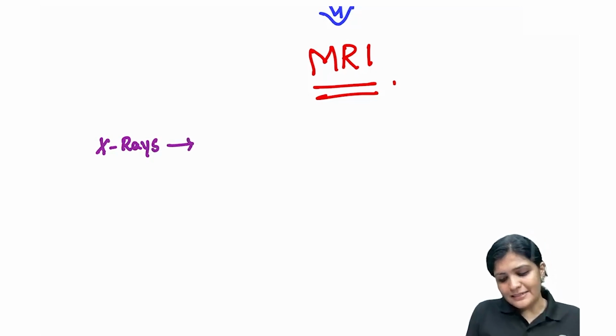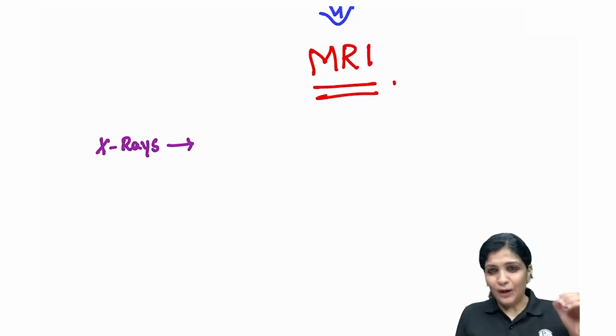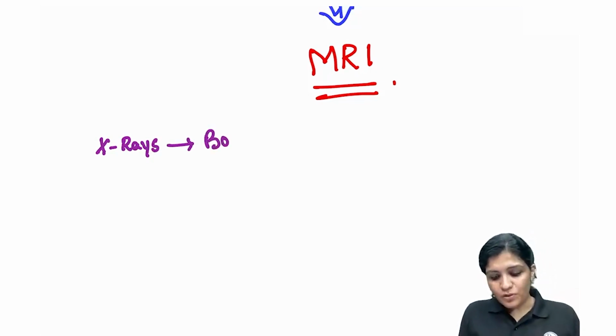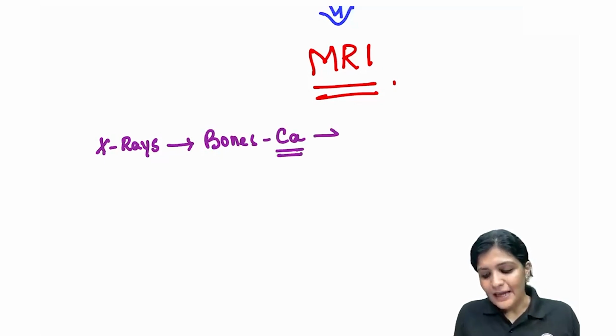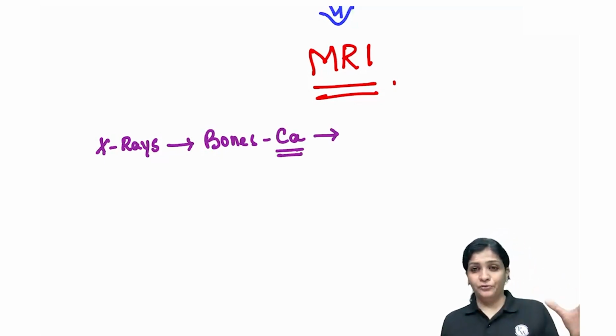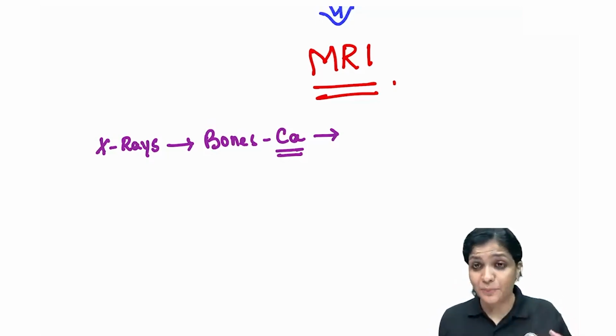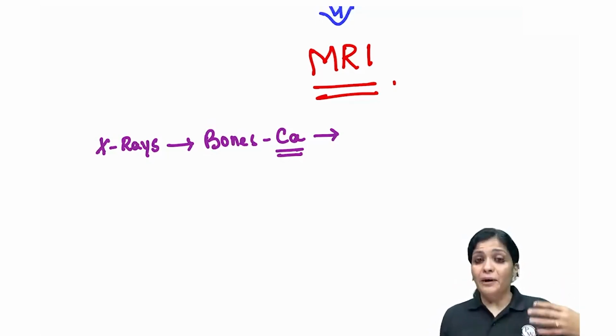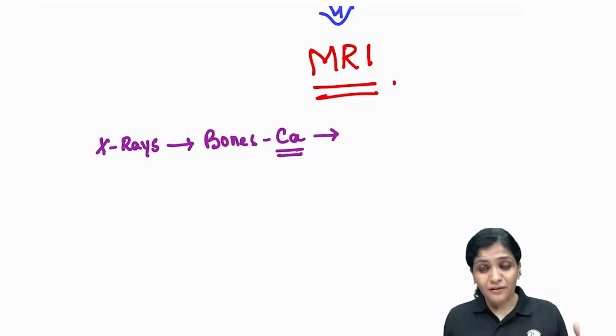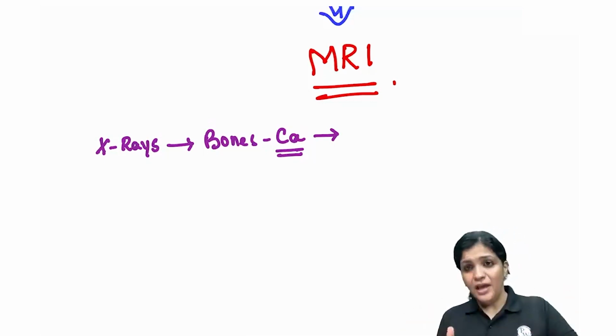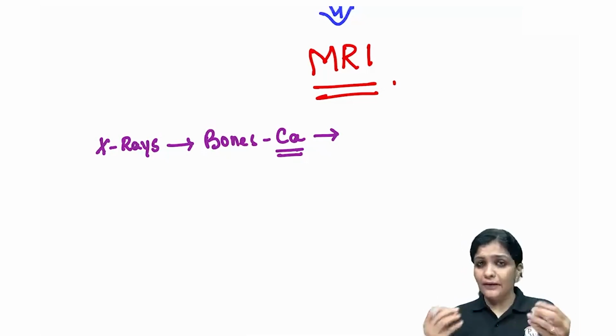This is a very important tool in orthopedics, where you can see bones, which are made up of calcium, very clearly, and you can note n number of things: about the fracture, the bone, the cortex, the medulla, its continuity, and its reactions such as the periosteal reaction. So what is the bone doing to the tumor, what is the tumor doing to the bone? All these things you can learn from the x-rays.